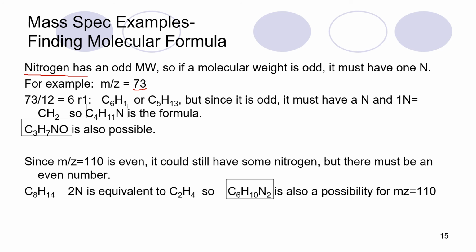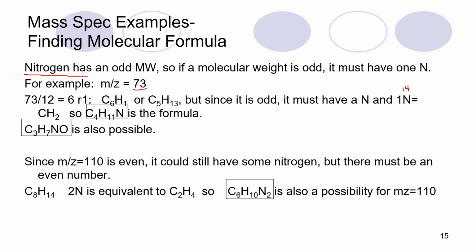Nitrogen is 14, so it's equivalent to CH2. So what you can do is take away a C and 2 H's and put in an N. So this is a very likely formula for this compound, C4H11N. And if you're not positive, go back and add them together and you should get 73, right? 4 times 12 plus 11 plus 14 gives you 73.